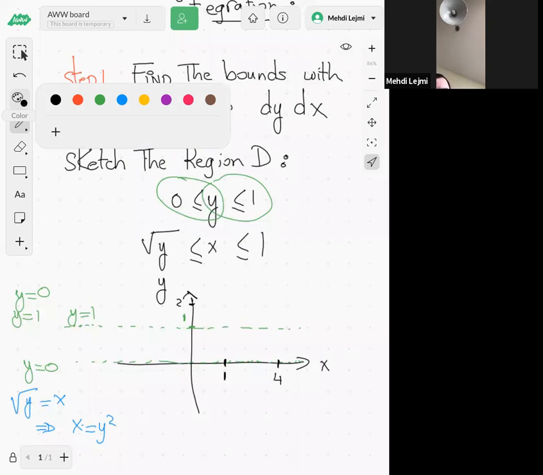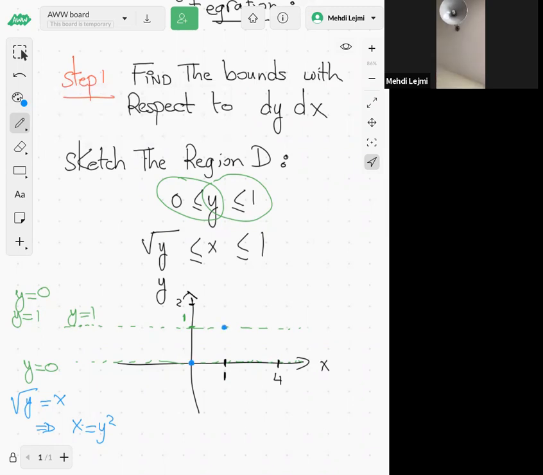Let me change the color; I'm going to use blue. If y is equal to 0, x is equal to 0. If y is equal to 1, x is equal to 1.